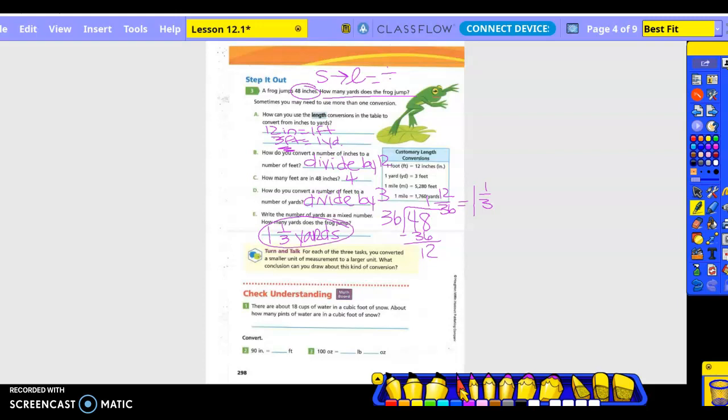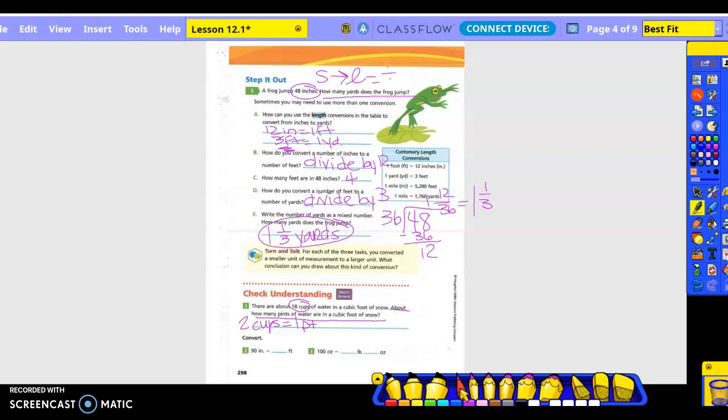Check understanding. There are about 18 cups of water in a cubic foot of snow. About how many pints of water are in a cubic foot of snow? So we have 18 cups. Then they want to know about how many pints are in there. So how many cups are in a pint? 2. So there's 2 cups equals 1 pint.